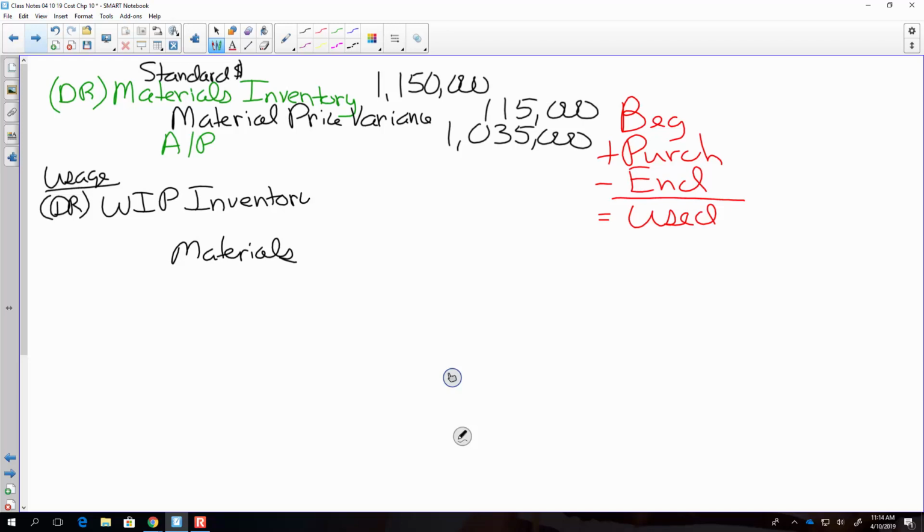So these are materials that are used in the production cycle. So that will be the debit. Now, what was my variance direction for the usage? Unfavorable, so guess what? Debit. So you're going to debit material usage variance.